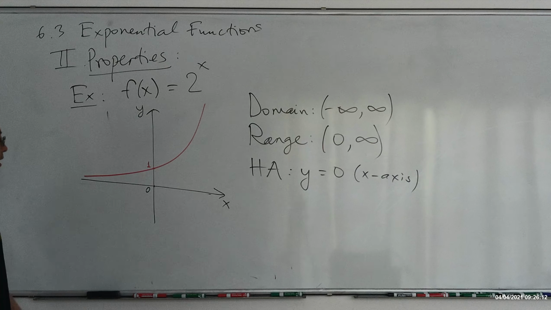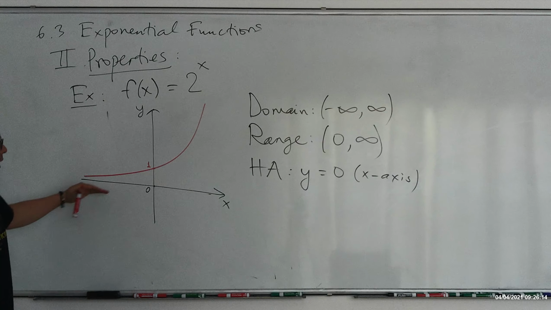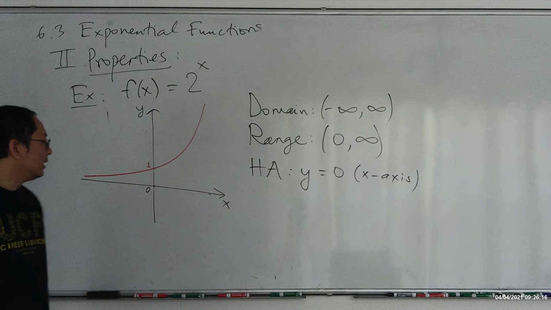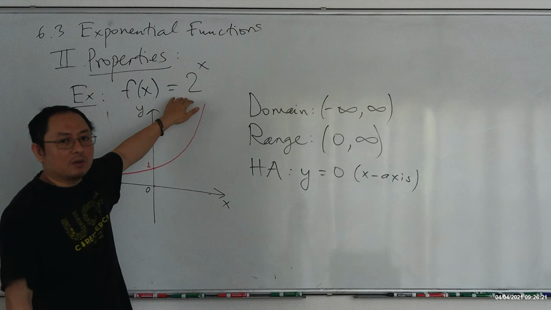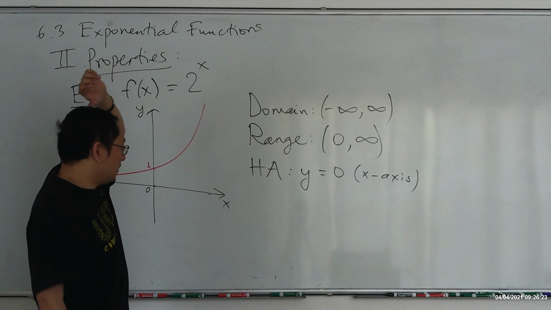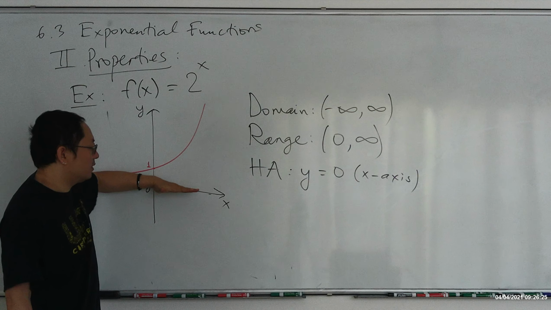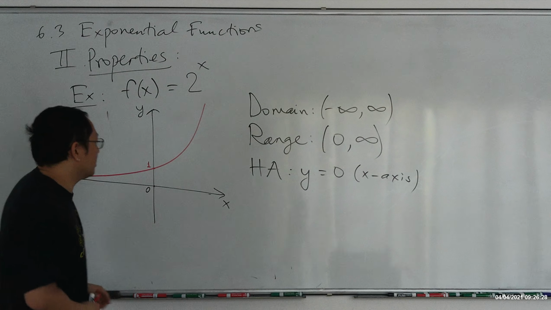In this case it is a horizontal asymptote, and in this particular example it's the x-axis. Later, when you do the homework, you will see the function can be shifted up, down, left, right, and the horizontal asymptote moves up and down too.